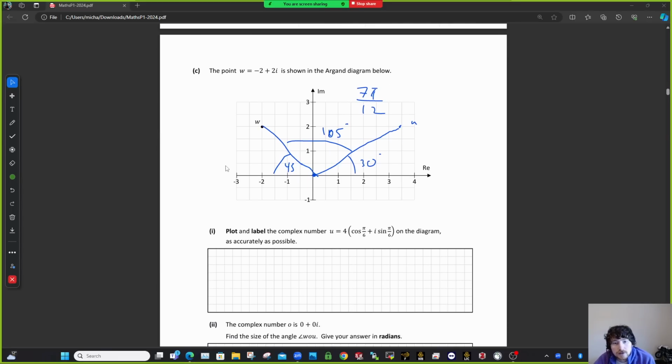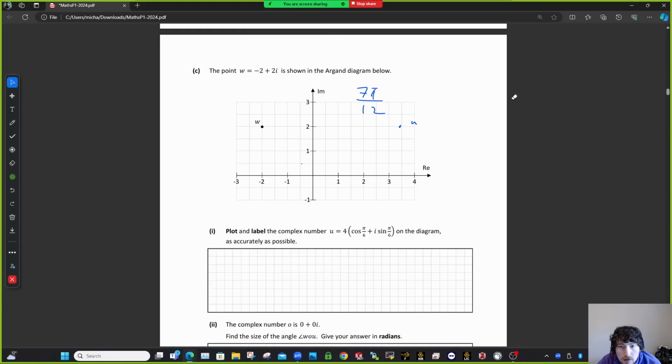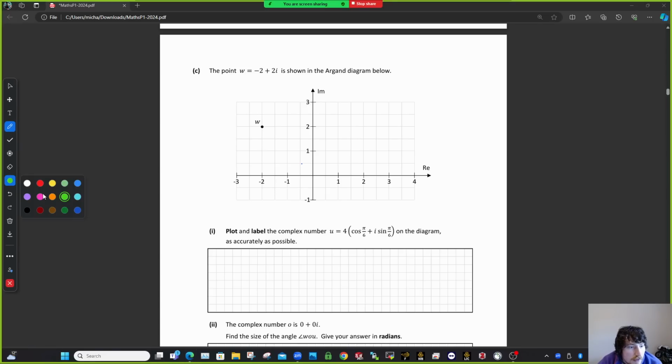I've done a bit of this here, so we'll leave the diagram in there. It saves me sketching it, and it's nicer to build it up. If we look at this, to plot this number there are two ways of doing it. That's 30 degrees, so you could measure out a distance of 4 with your ruler and plot 30 degrees.